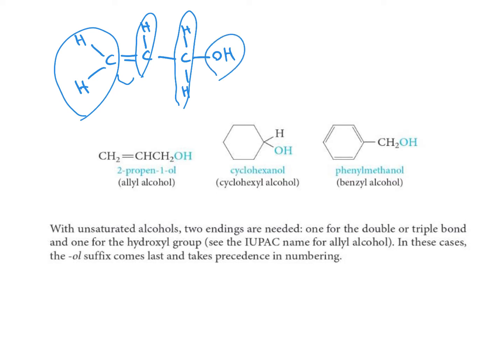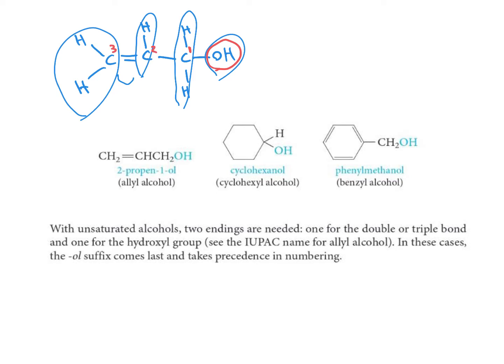Okay, so when we want to name this compound, first of all, you should find the main chain. Your main chain should have the double bond, and you also see the substituents, right? So should I go right to left or left to right? Right to left, right? Because as we said, we care more about this OH. So we say 1, 2, 3.